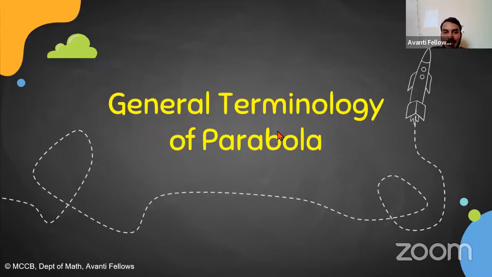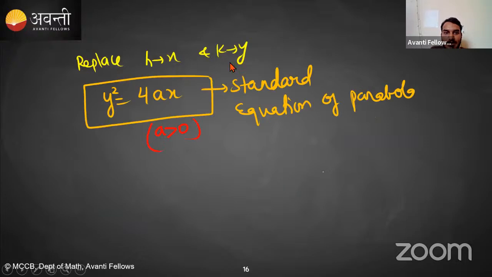First of all, we have seen the standard equation of the parabola, isn't it? The standard equation of the parabola is clear. Is there anyone who has a doubt? Any doubt so far? Quickly let me know in the chat box. I'm waiting.